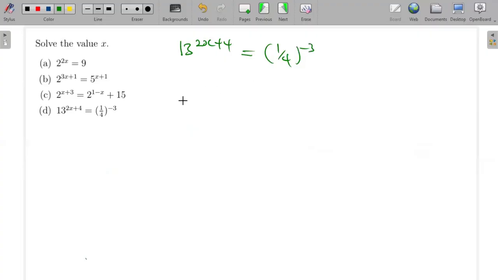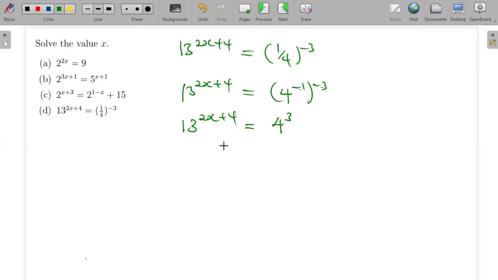I can write this part which has the 1 over 4 as 4 to the power negative 1, all to the power negative 3. Then I can multiply the exponents. So here I still get 13 to the power 2x plus 4 is equal to, multiplying those exponents, 4 to the power 3.